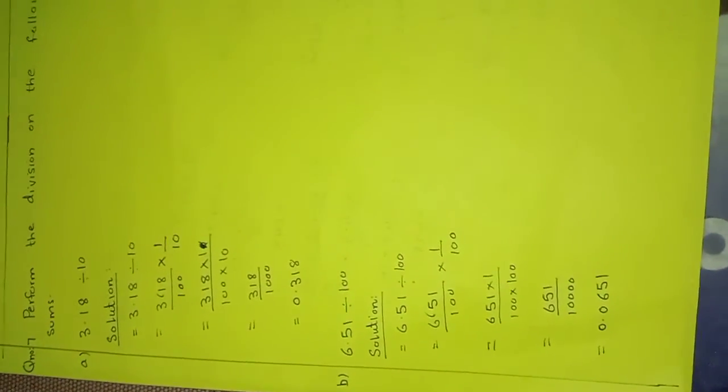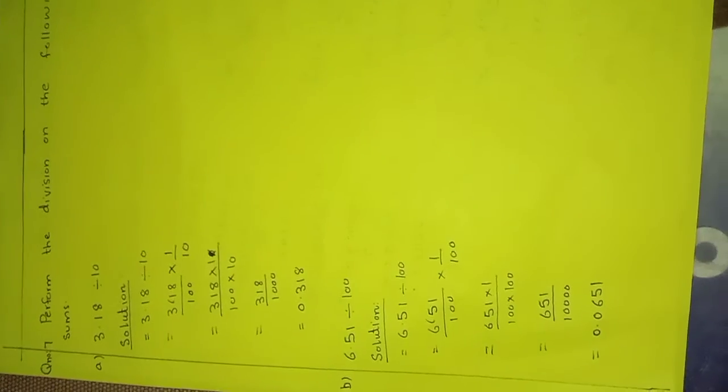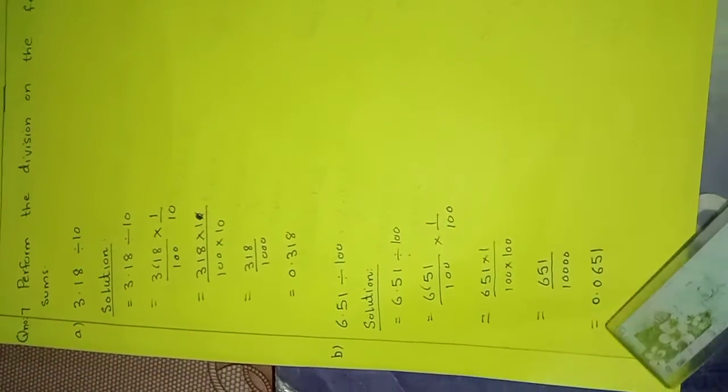So the answer will be 651 divided by 10,000, as there are 4 zeros in the denominator but there are 3 numbers in the numerator. Because we are changing it into a decimal fraction, we will place a 0 and point.